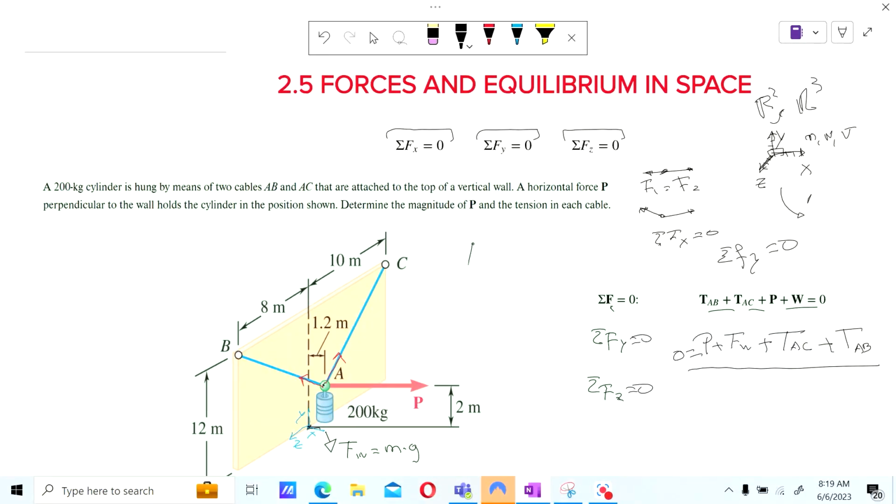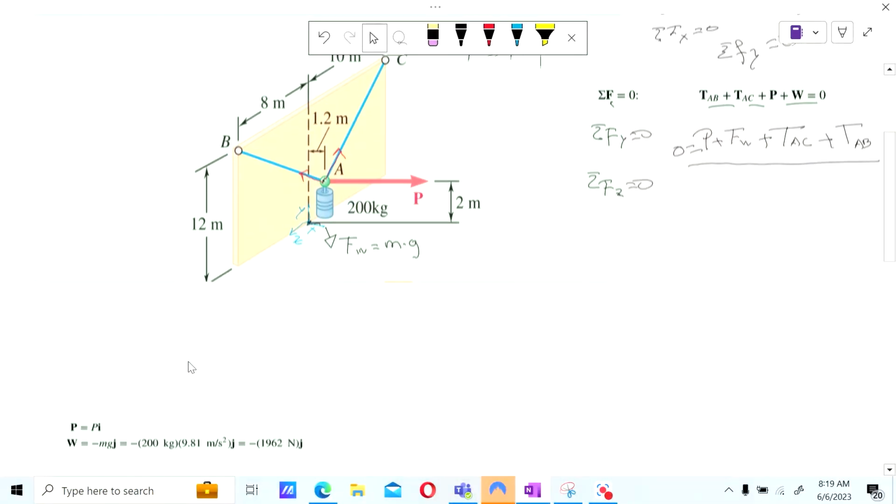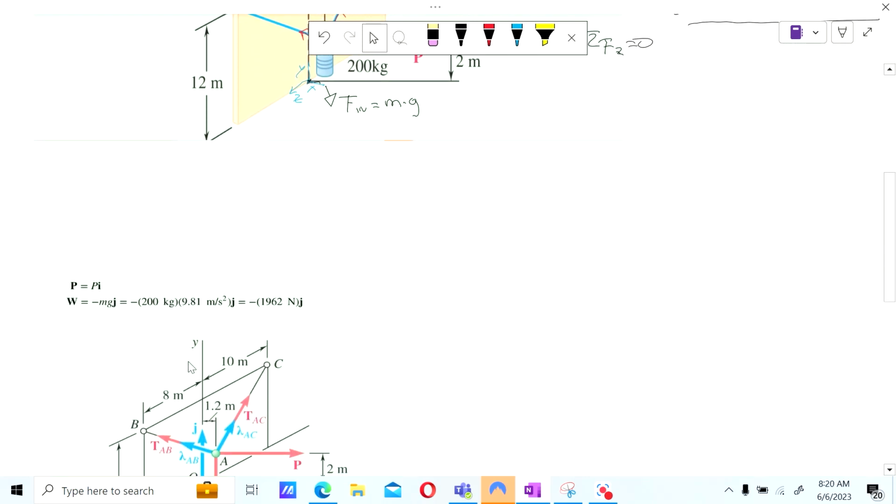To find them, we take the force times lambda, and lambda is the unit vector. So that's the other thing we have to do, find the unit vector of AC and AB, and that's already down here for you to revise.